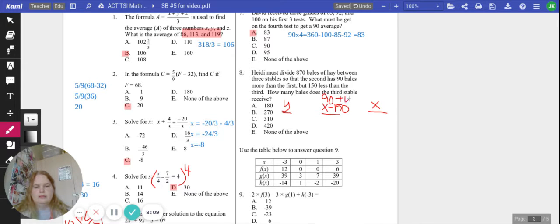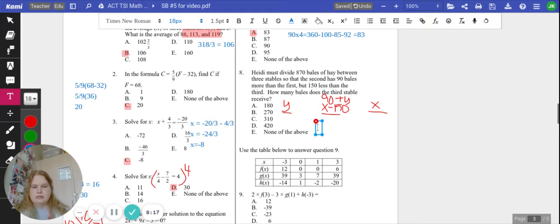And so the second stable again has 90 more than the first. So it also has 90 plus Y. All right. Now, notice that I have 2 different letters. That's not going to work for me. So I'm going to set stable 2's 2 equations, 90 plus Y equal to one another, X minus 150. And I'm going to get rid of one of these letters. How am I going to do that?